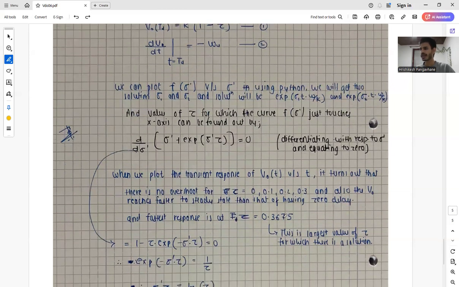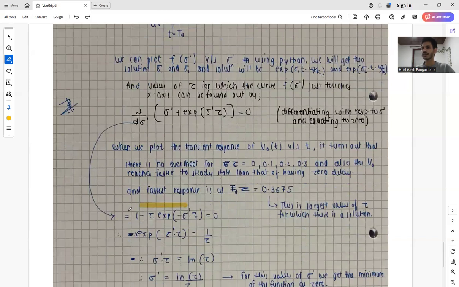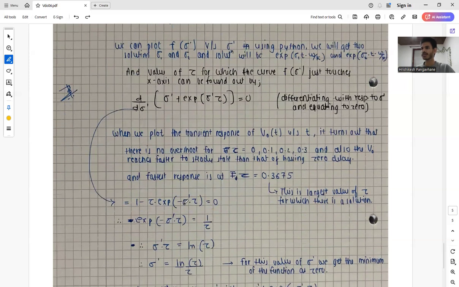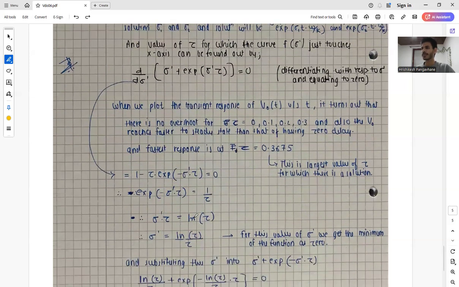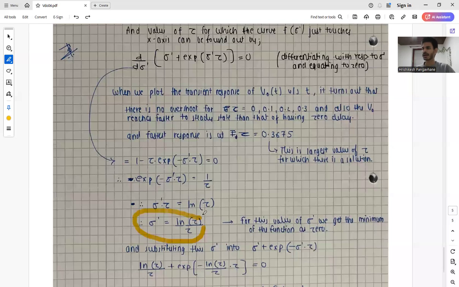And how did we arrive at this value? From here, when we differentiate our function with respect to sigma prime, we will get this value, and when we equate it to 0 and solve for it, we will get sigma prime as log of tau divided by tau, and for this value of sigma prime we get the minimum of the function as 0.